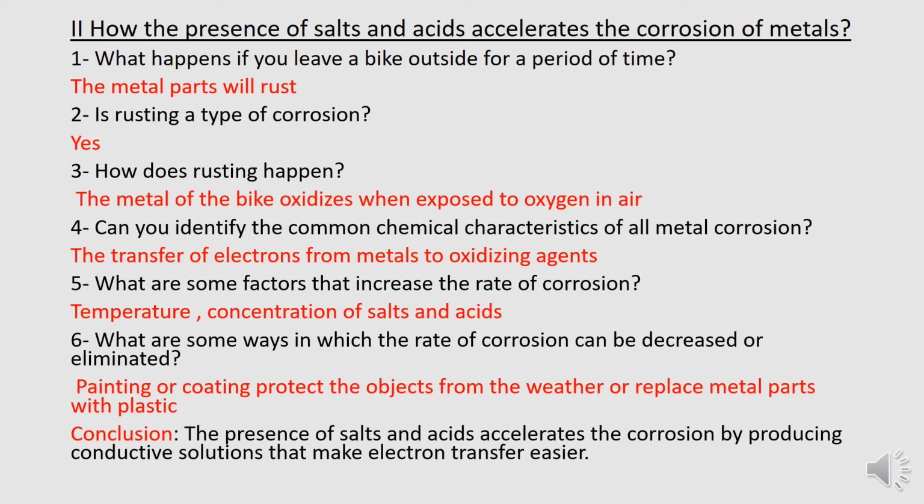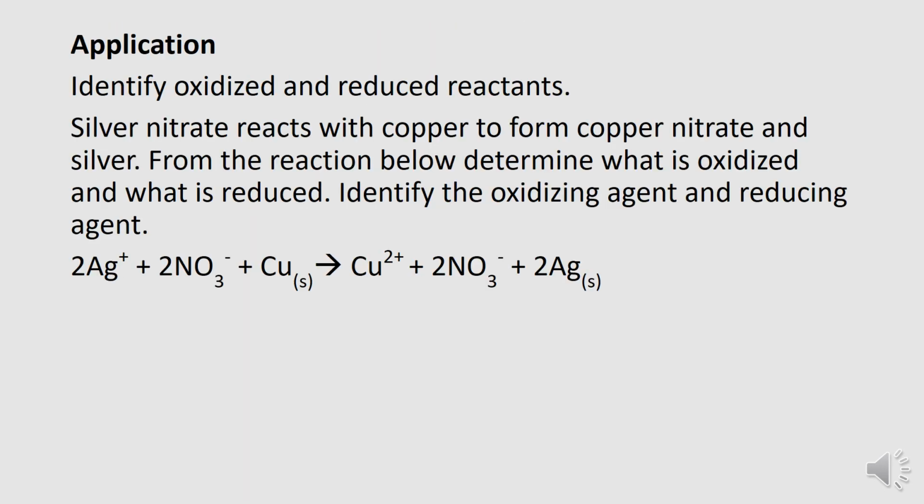Now, to understand this lesson well, we are going to give you an application. The application here is to identify oxidized and reduced reactants. The question is: silver nitrate reacts with copper to form copper nitrate and silver.